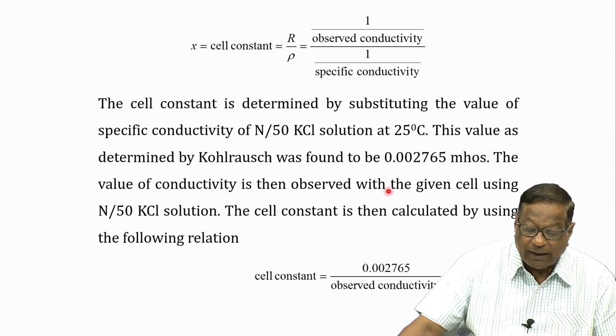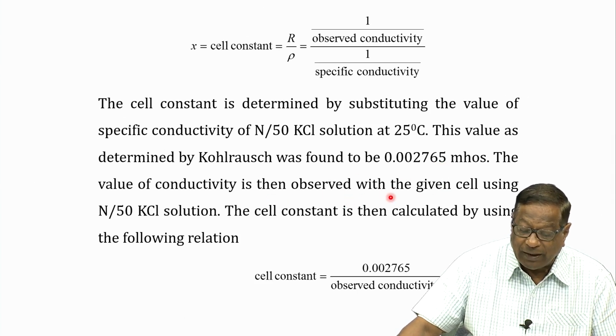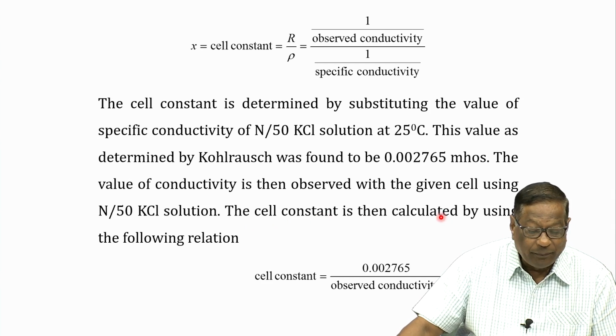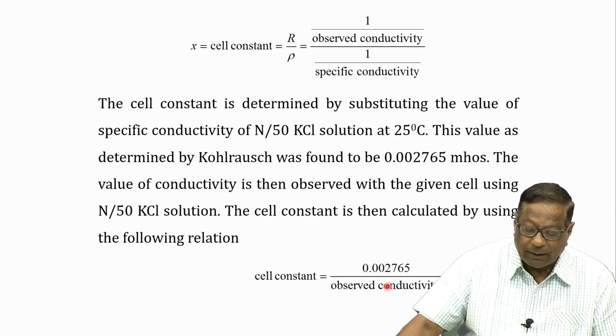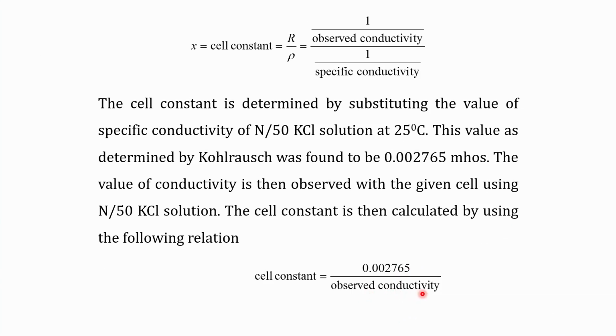So, the conductivity is then observed with the given cell using N by 50 potassium chloride solution. The cell constant is then calculated by using the following relation, that is 0.002765 divided by the observed conductivity.